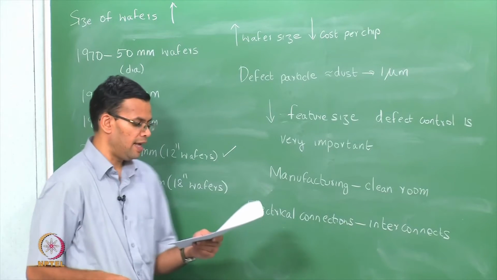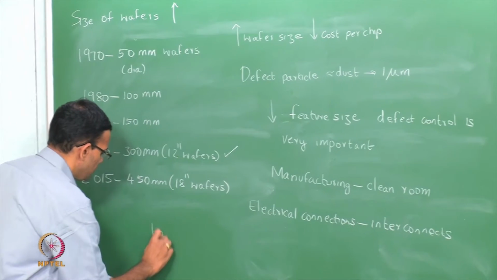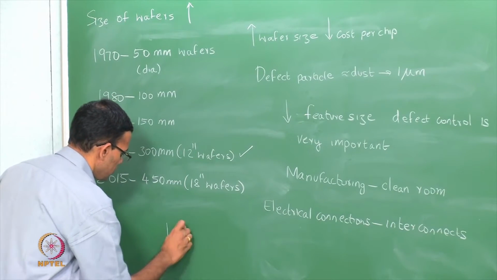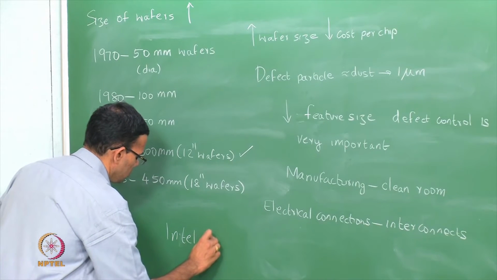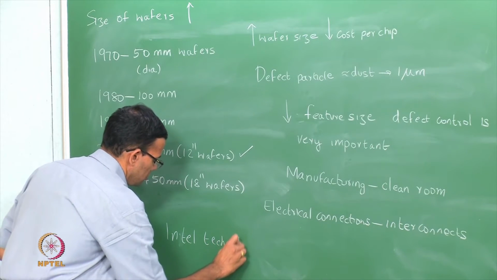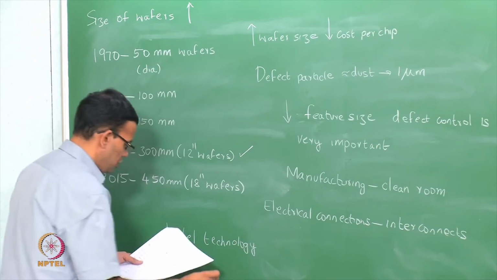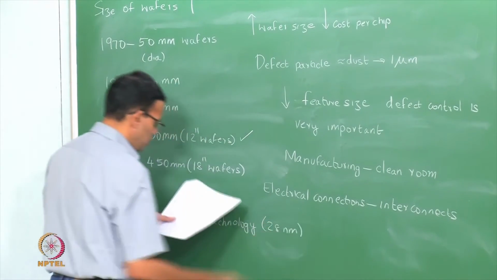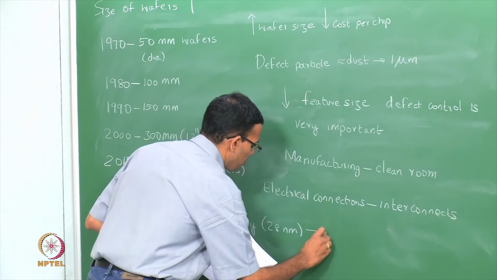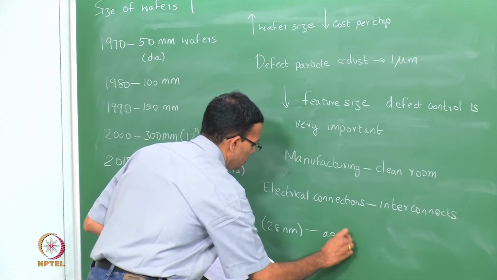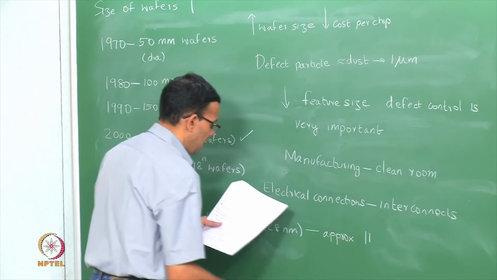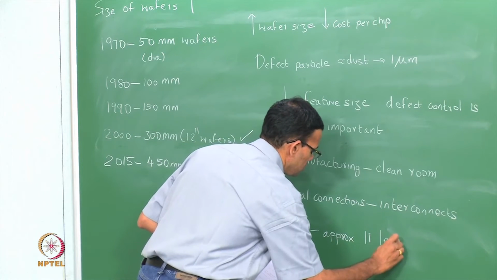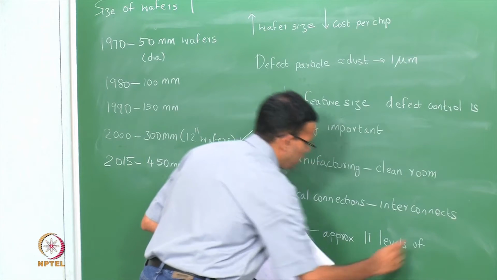So, if you look at the latest Intel technology, which is the 22 or the 28 nanometer technology, it requires approximately 11 levels of interconnects.